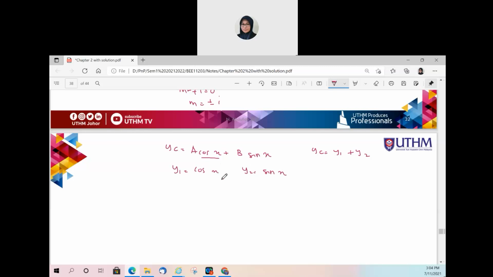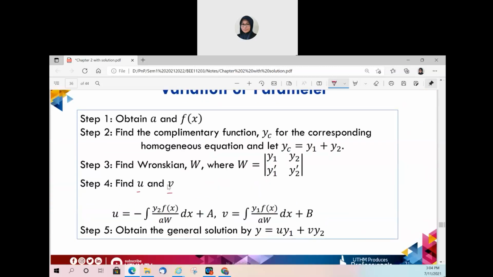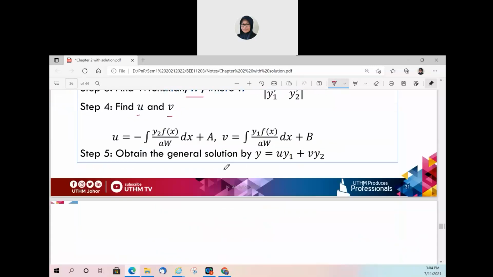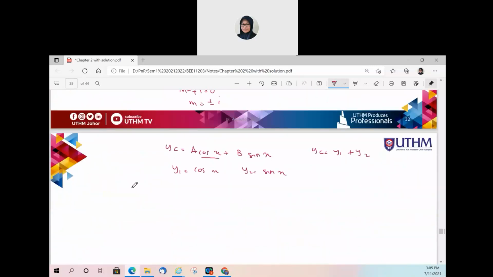Okay. Then you can find w. So w is, you have y1, y1 prime, y2, y2 prime. So from here you have to find y1 prime and y2 prime. So what is y1 prime?